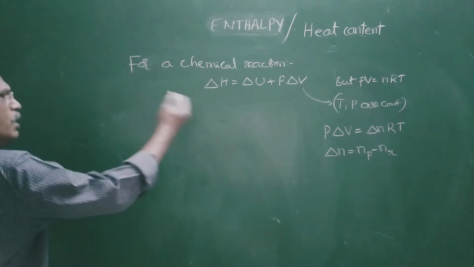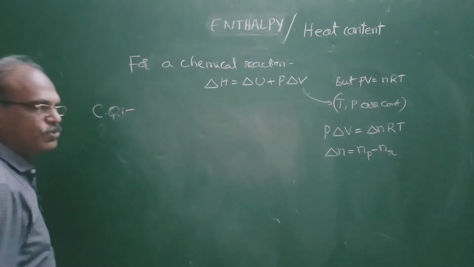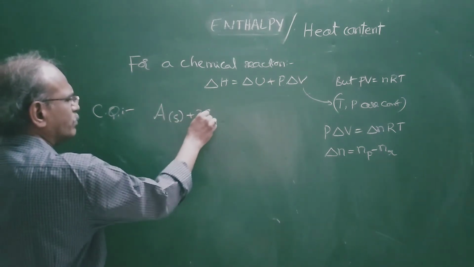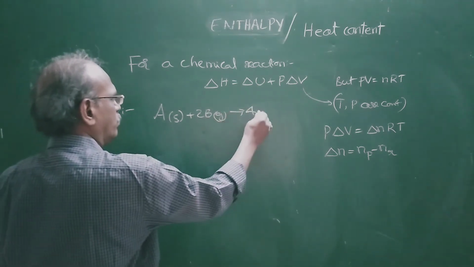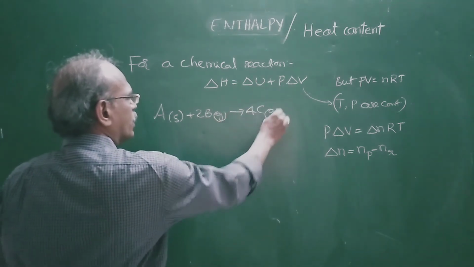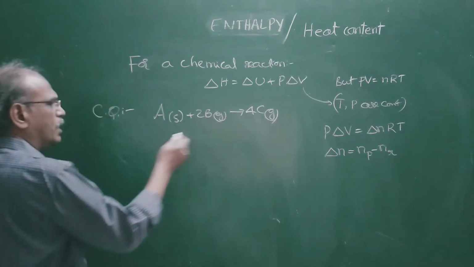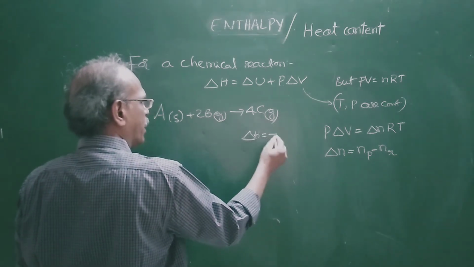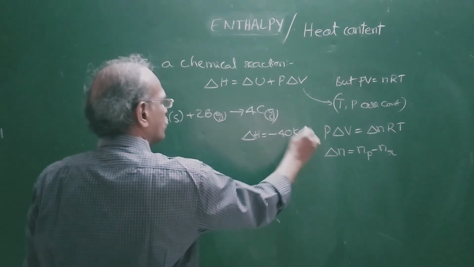Okay. Now let's see one conceptual question. See, for this reaction, they have given delta H is equal to minus 40 kilocalories.